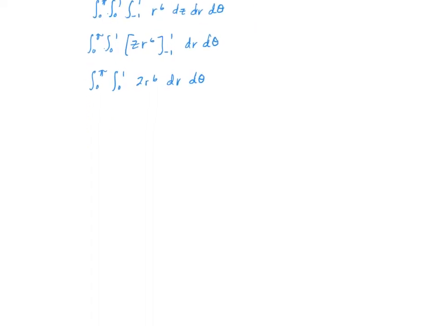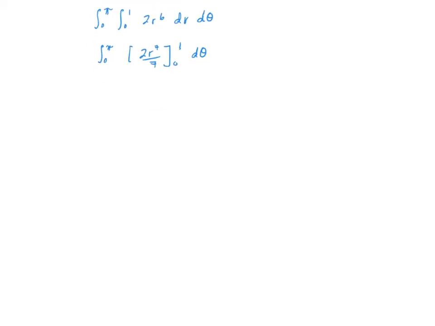And now I'm integrating with respect to r, so that's going to be r to the 7 over 7. I have the integral from 0 to pi, 2r to the 7 over 7, evaluated from 0 to 1 d theta. Evaluating at 1 just gives me 2/7, and 0, that's gone.